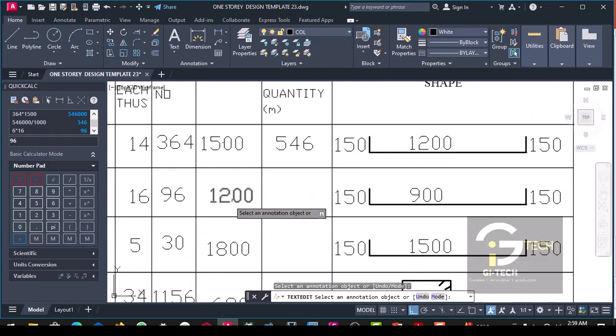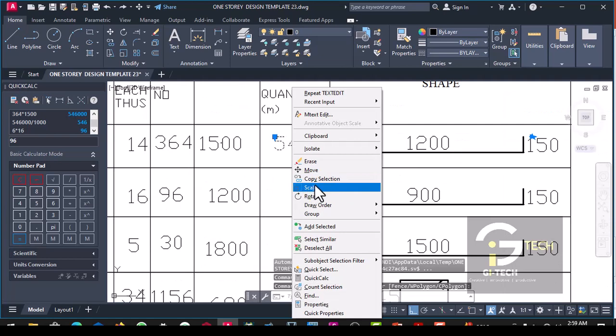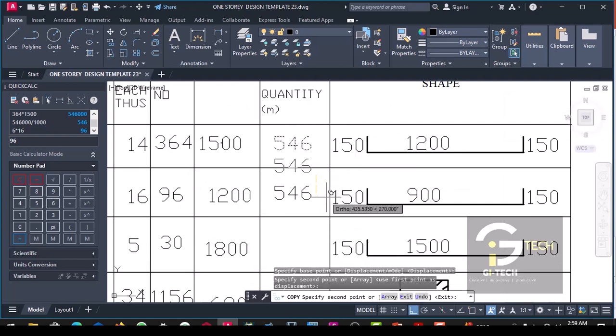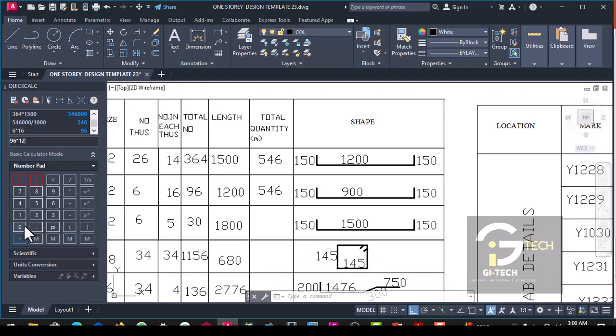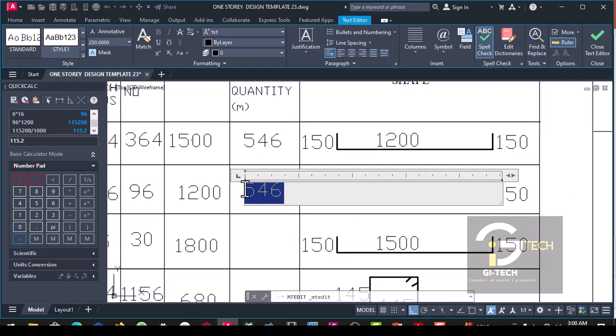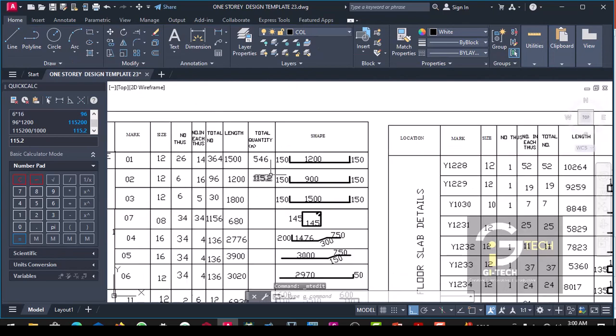So the total quantity here in meter will be 96 times 1200 divided by 1000. So this will give us 115.2 meter.